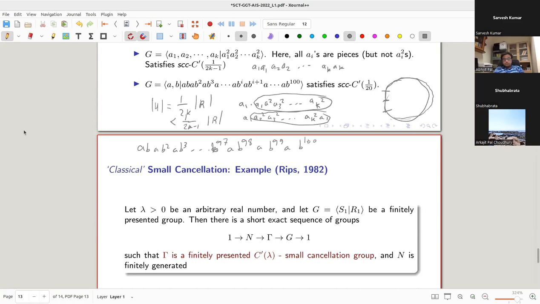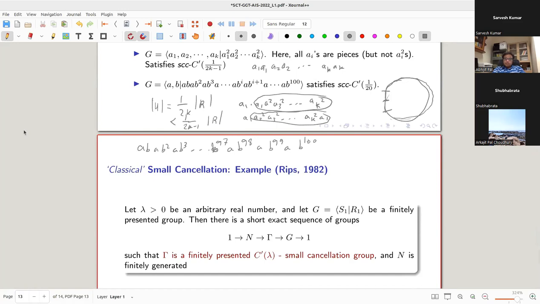So that is how the relator will look like. Now, what are the pieces here? Can we see? A is a piece. Fine. And when we will be trying to test these conditions, should our focus be on smaller pieces or bigger pieces?